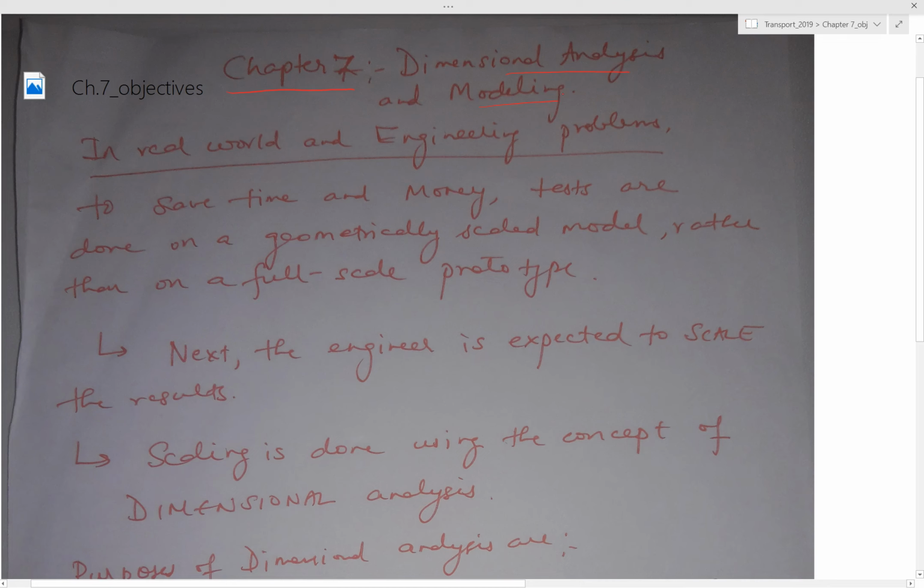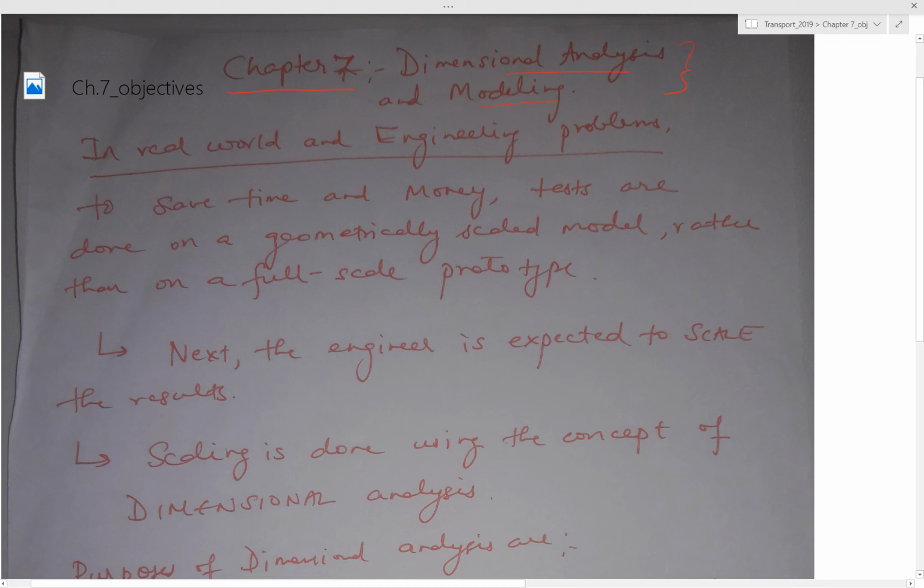The straightforward answer is it gives you a dip into the world of modeling, engineering designs. So how do you connect what experiments you are doing in your laboratory? How do you connect it to real world engineering problems? So that is the main usefulness of this chapter.